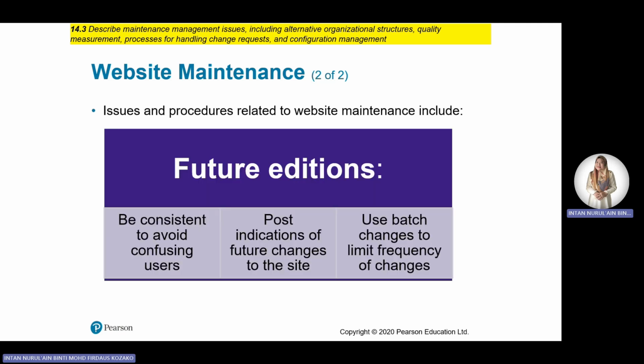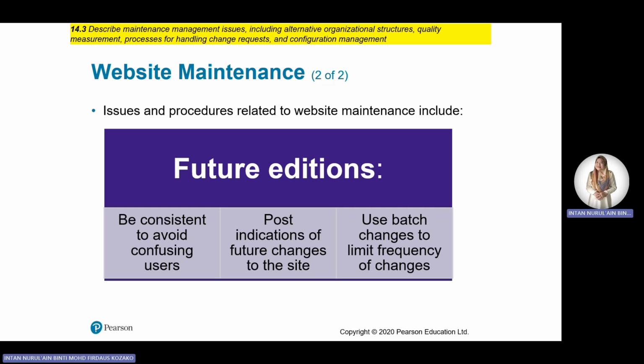So the company need to make sure that they carefully address all the issues and procedure related to the website maintenance. Selalunya the company or the team need to be consistent to avoid confusing users and then post indication of future changes to the site. Make sure that all the people or the user are aware of any changes in the system they use.